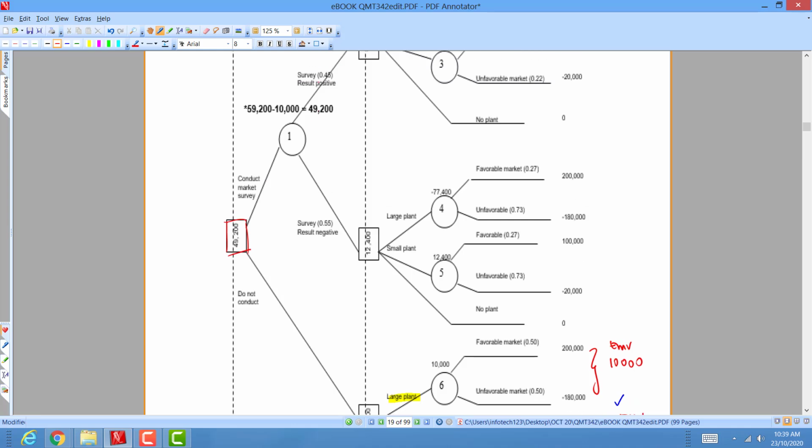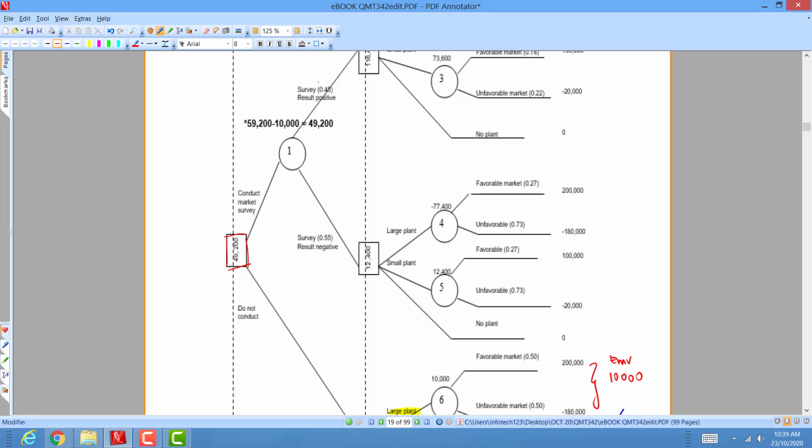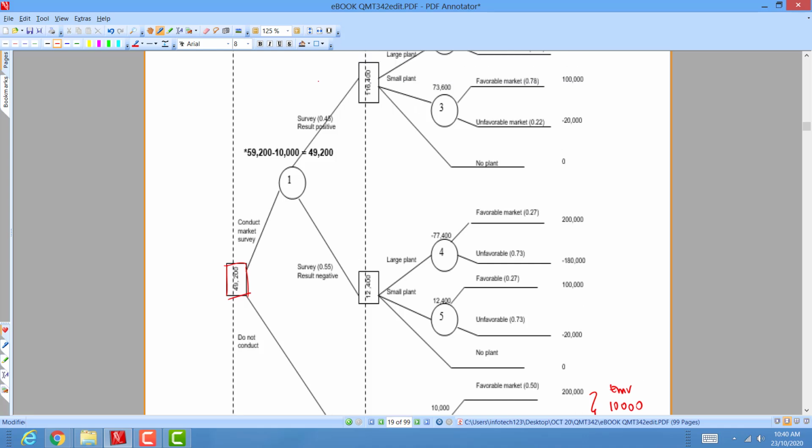Under conducting a market survey, if you look at the scenario, the survey will be negative or it will be positive. This is an unpredictable event, which cannot be controlled by the manager, so we present the node by a circle. I sketch a circle here with a positive and a negative branch.